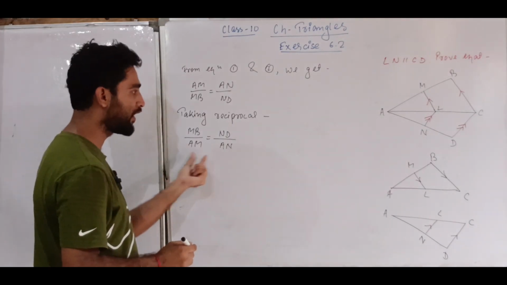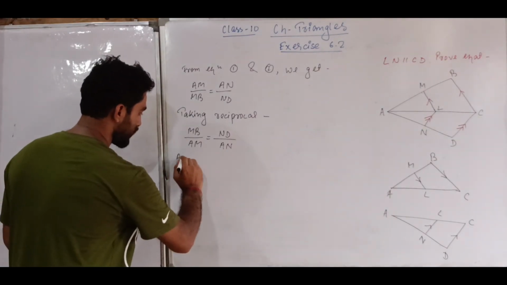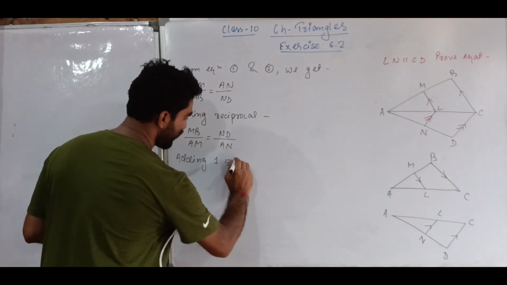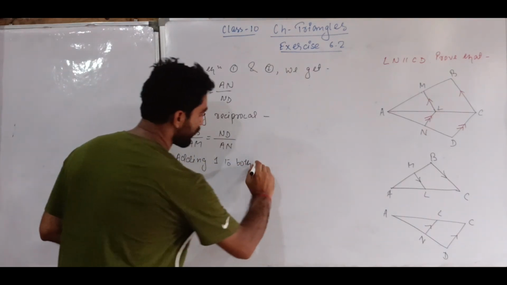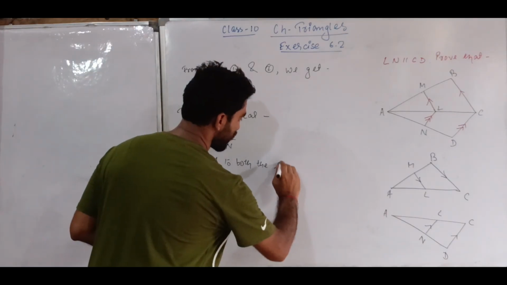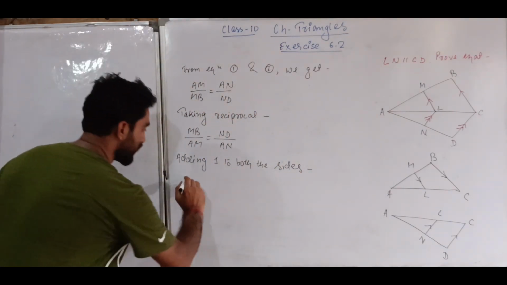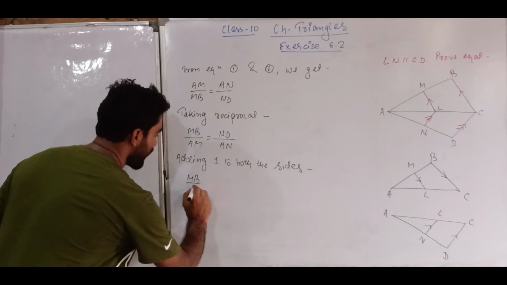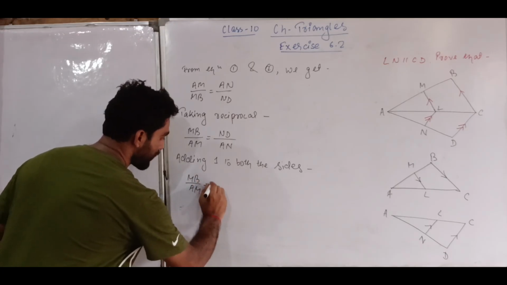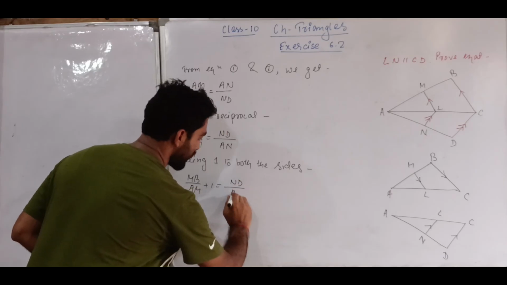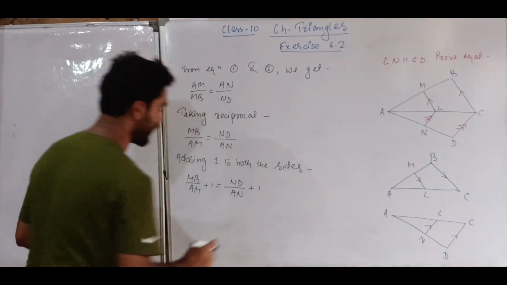Now we will add 1 to both the sides. So this will be MB divided by AM plus 1 is equal to ND divided by AN plus 1.